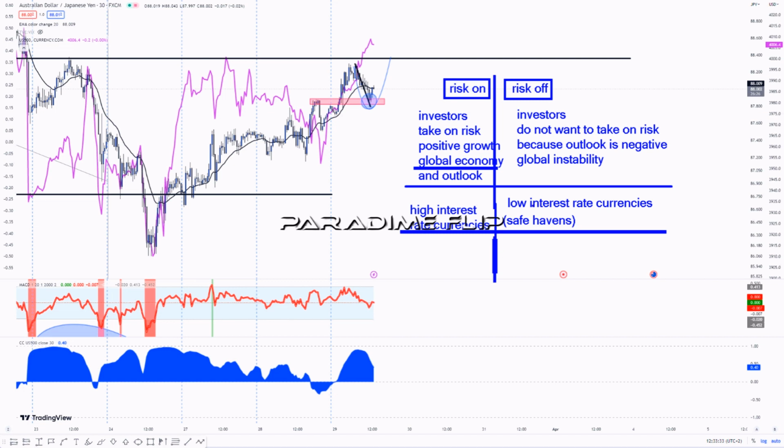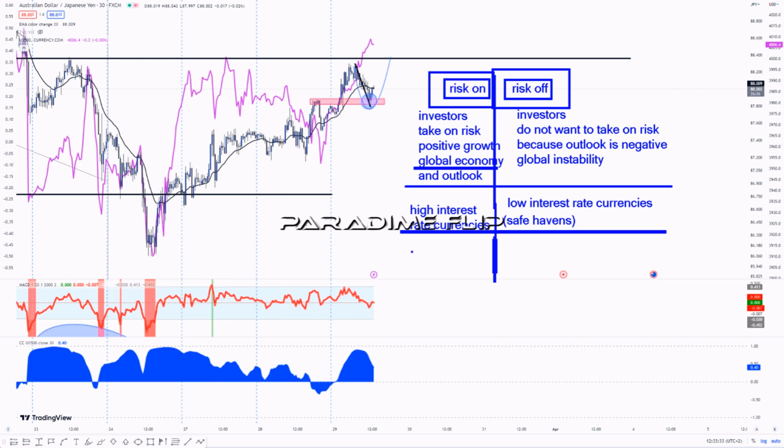So when we are in a risk-on environment, because there is growth, currencies with a high interest rate tend to do well, because this is an environment where interest rates are increasing.